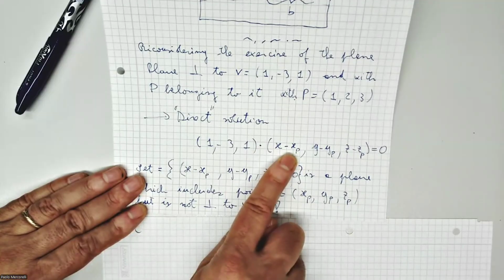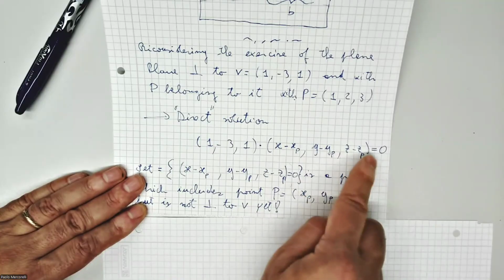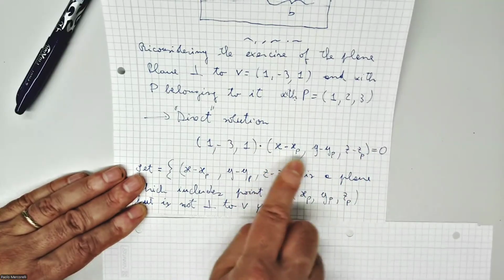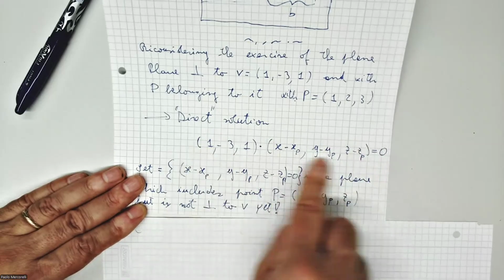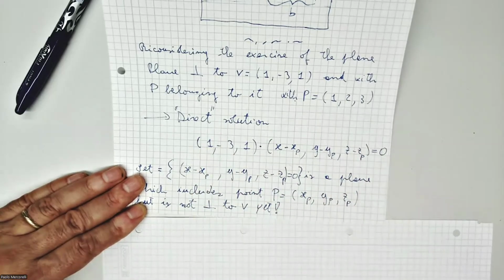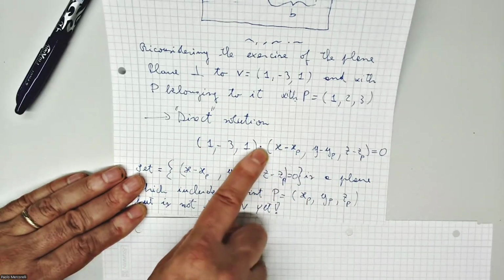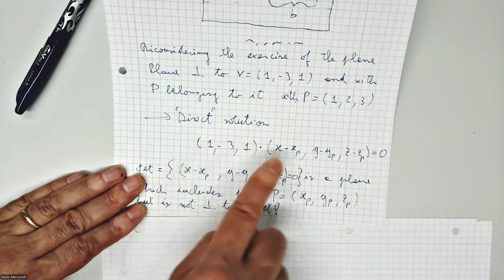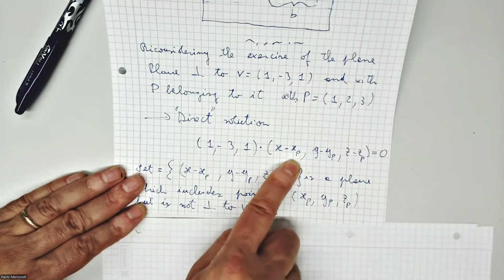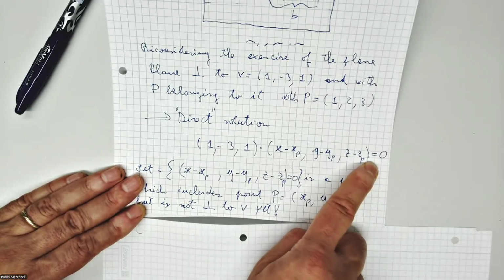Why that? Because x minus xp, y minus yp, z minus zp, for x equal xp, y equals yp, and z equals zp, satisfy this. This means this condition satisfies both specifications: the specification that P belongs to the plane, and the specification that the plane in which the point P is included is orthogonal to the set.